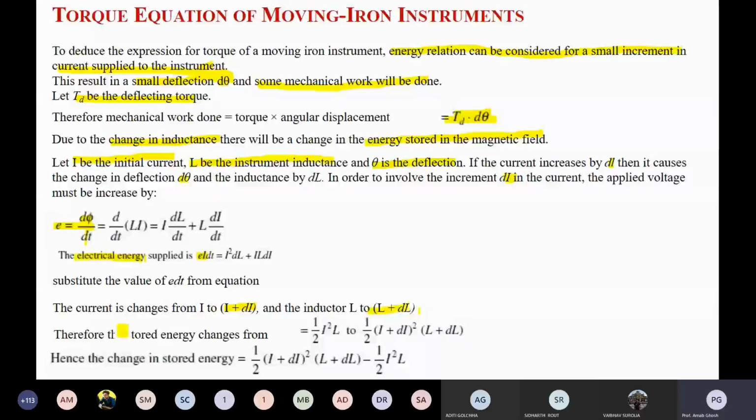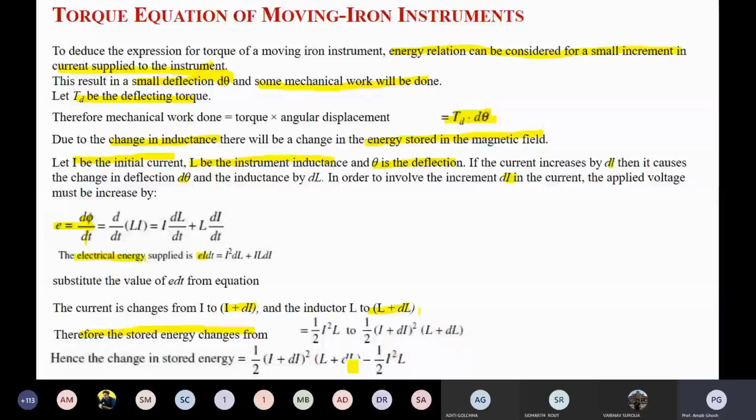So if you change the stored energy, you have replaced I by I plus di. Directly, the stored energy in the inductance is half L I square. So I will be replaced by I plus di, so it is coming half into (I plus di) square into (L plus dL).